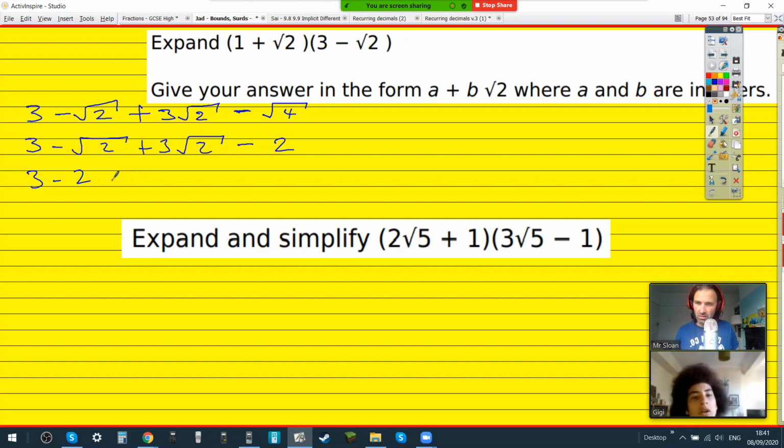So it would be 3 root 2 minus 1 root 2. 2 root 2. So it's like 3x minus x. It's like 2x. So we expanded, then we simplified. Okay, next one.